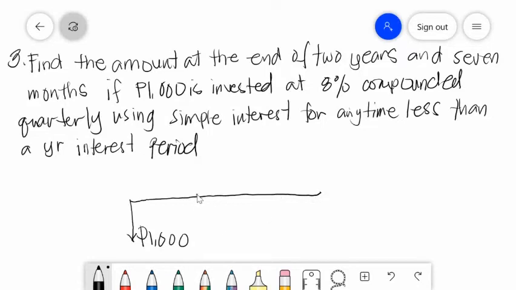So let's say this is year 1, year 2, and approximately here 2 years and 7 months. After 2 years and 7 months, you will have your money back, or the future worth. What will be the future worth of your money? So upward.